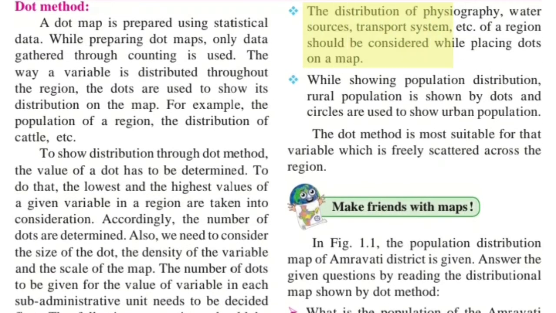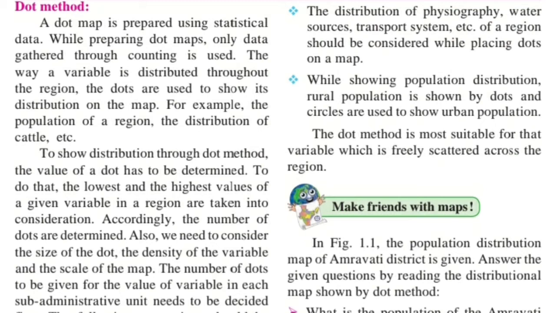Then the distribution of physiography, water resources and transport needs should also be taken into consideration, because, for example, population is not going to stay on the road. So when transport services are there, you should show that, and the population should be away from that. No one is staying on the roads, right?